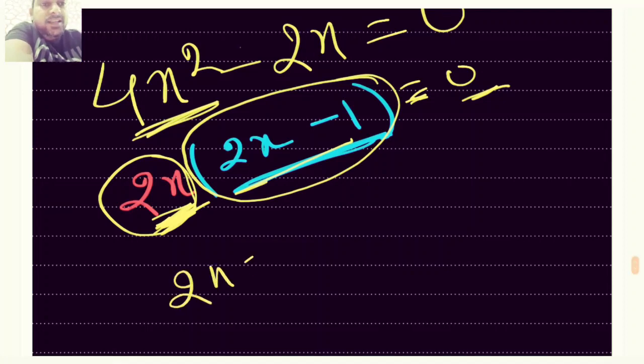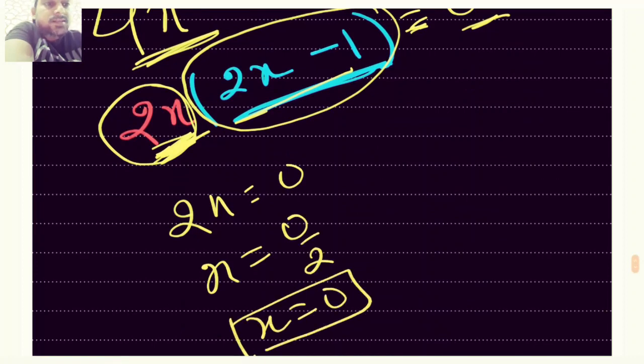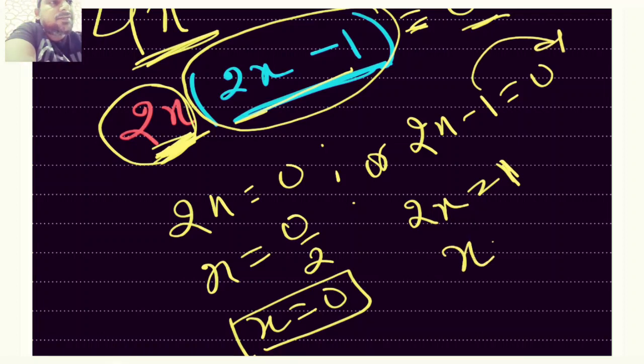So 2x is equal to 0, then x is equal to 0 by 2, or you can simply say x is equal to 0. So one answer is x is equal to 0, right? Or this 2x minus 1 is equal to 0, then 2x is equal to 1. Why? Because when this 1 goes to that side, it becomes plus, then x will be equal to 1 by 2. Is it clear?